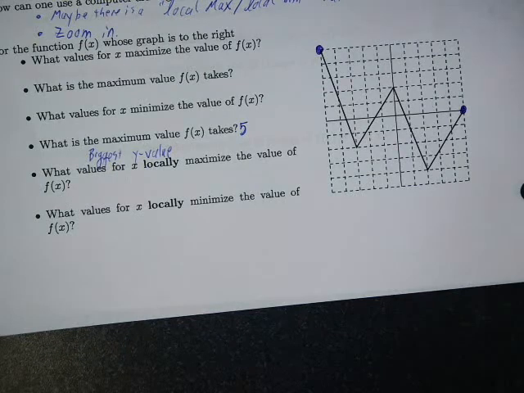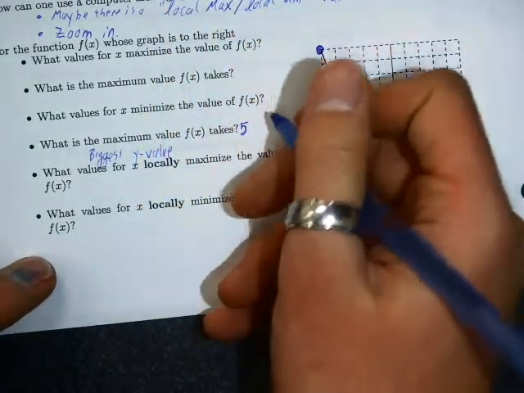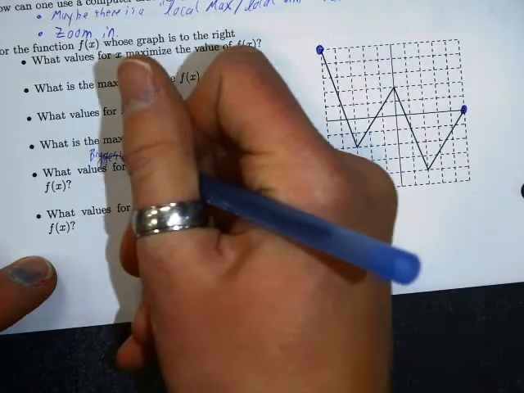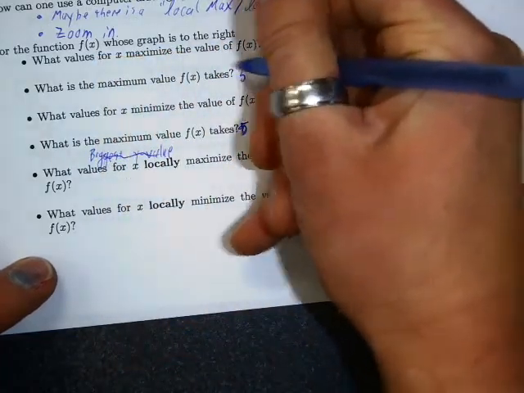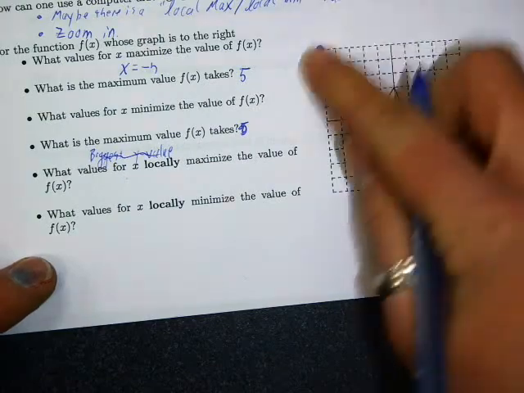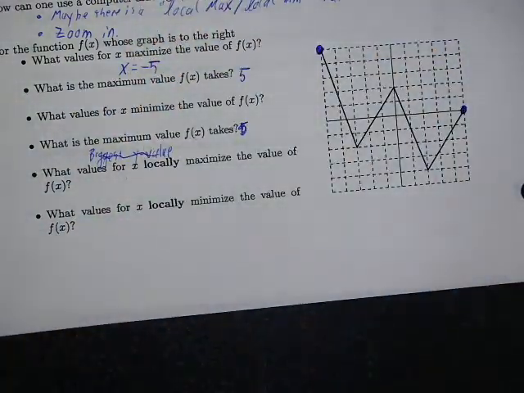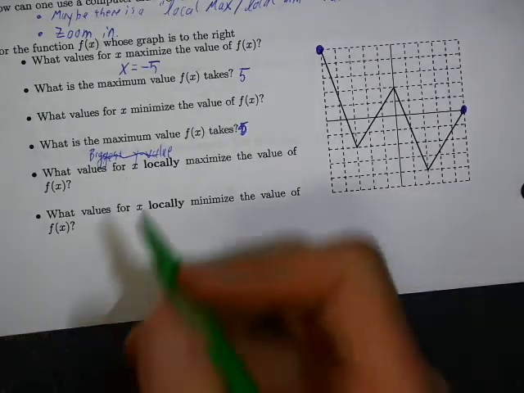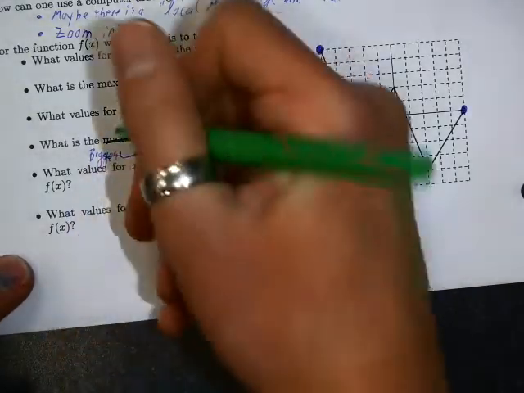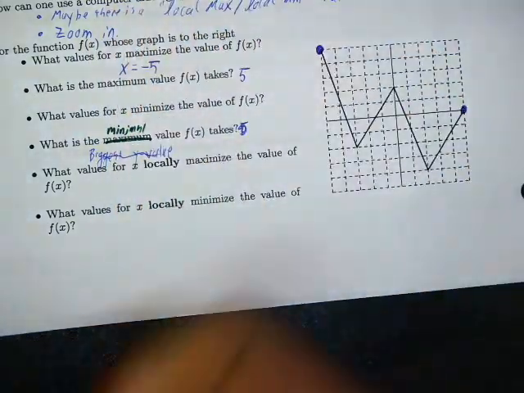What x value produces that maximum value? -5. Yeah, you just look for the x value that corresponds to that y value. And I got myself confused because there's a typo in the notes. Replace that maximum with minimum. Let's minimize.